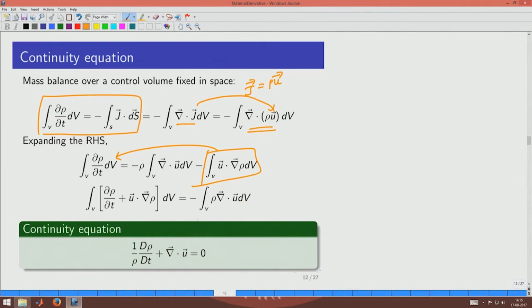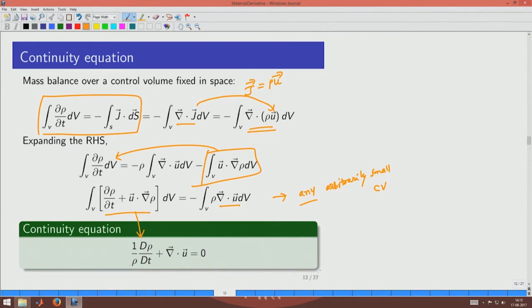Now this is written for any arbitrarily small control volume, and if this is true for any control volume, then the integrands must also be equal. The integrand on the left hand side is nothing but what we have just defined as the material derivative of density, and we take rho to the left hand side as 1 by rho.